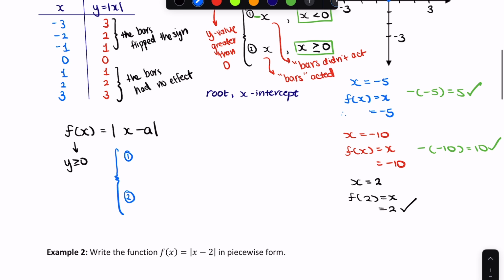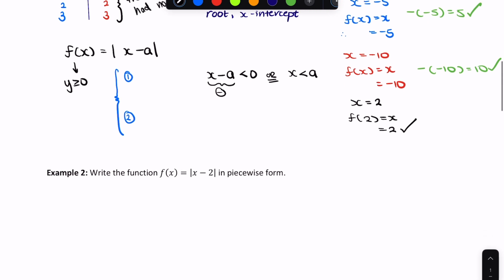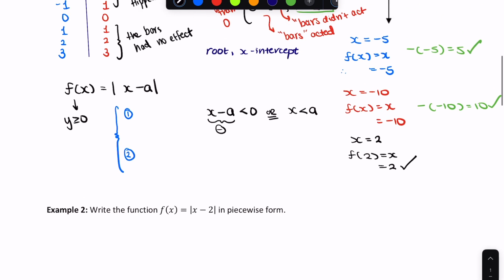So here we have two conditions we can write. So again, x minus a is less than 0, and this would be for the negative side. Or if we move that over, we know that here it would be represented as x is less than a. And for the positive side, we have x minus a greater than 0.